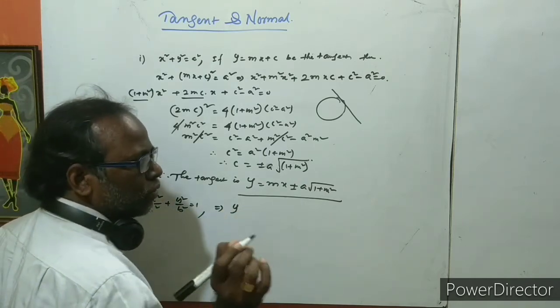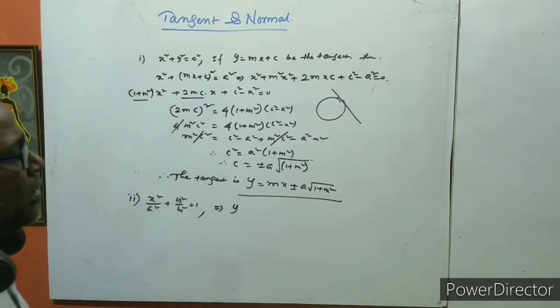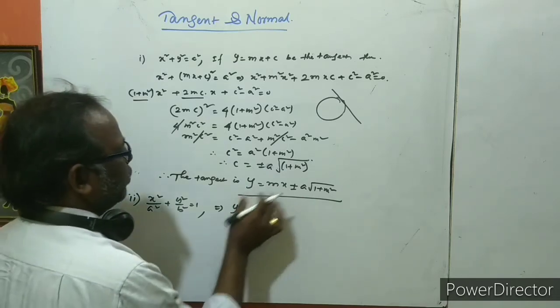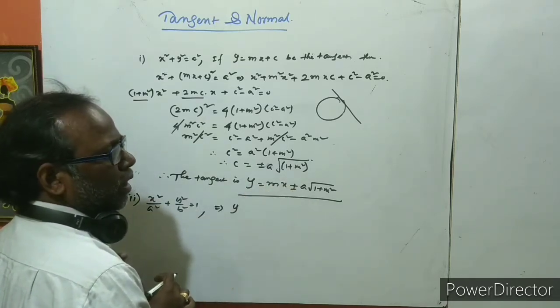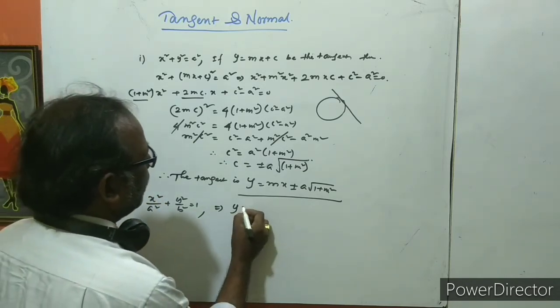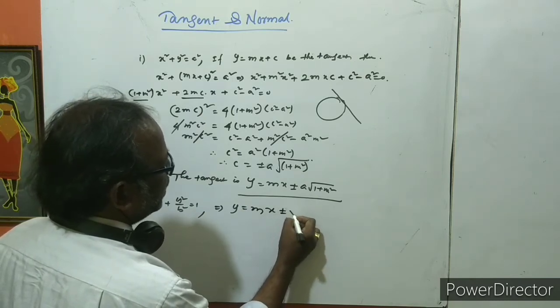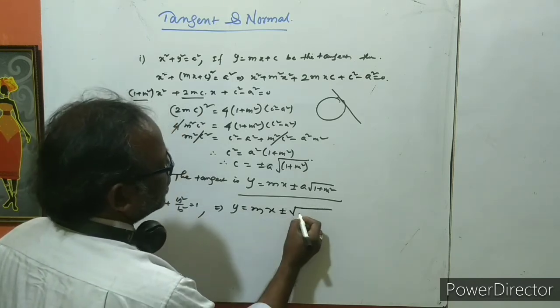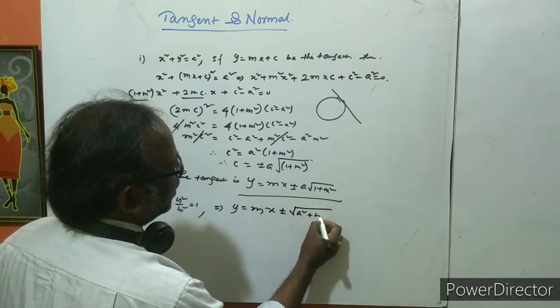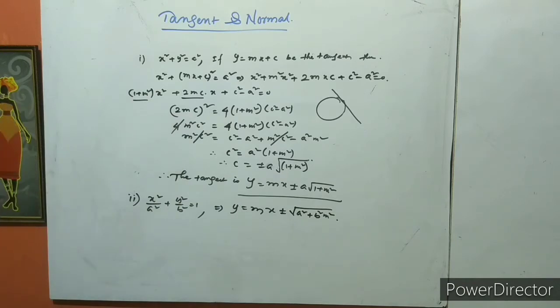If we know the slope m of the tangent, we can easily write the equation of the tangent, and with the help of this formula we can do problems. Here y equal to mx plus or minus root over a square m square plus b square.